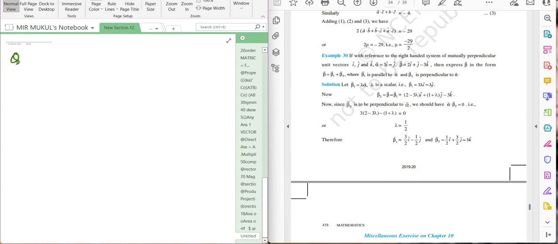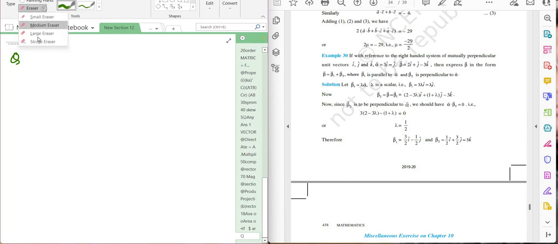Question: if with reference to the right-handed system of mutually perpendicular unit vectors I, J, K, these are the questions we are going to solve. No need to write the question, just write down from the book.